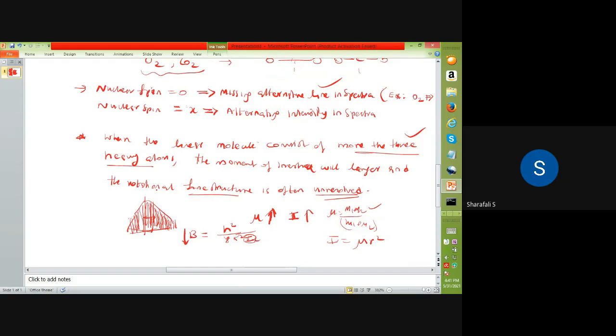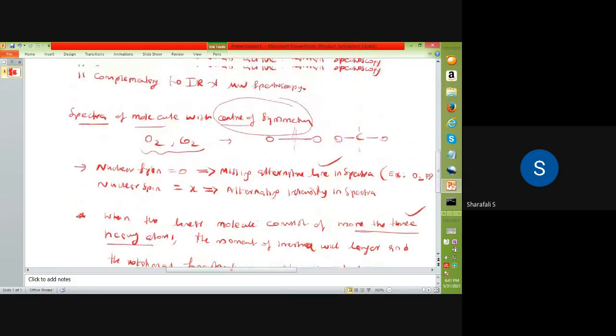This process, Raman active and IR inactive, and similarly IR active and Raman inactive, is called mutual exclusion, which we discussed. Okay, so that's all about today's lecture.